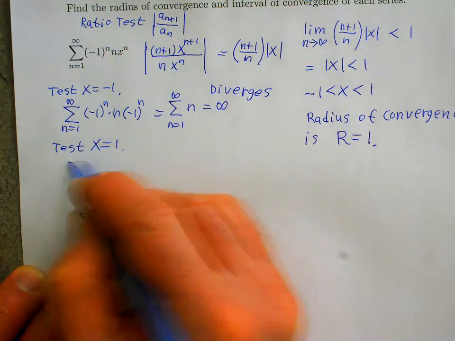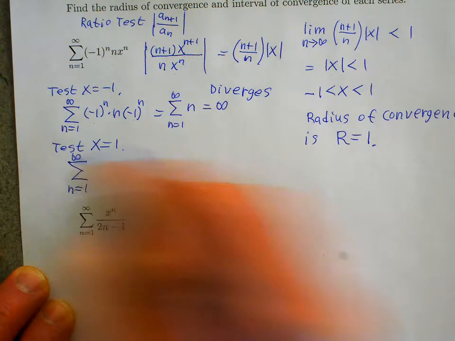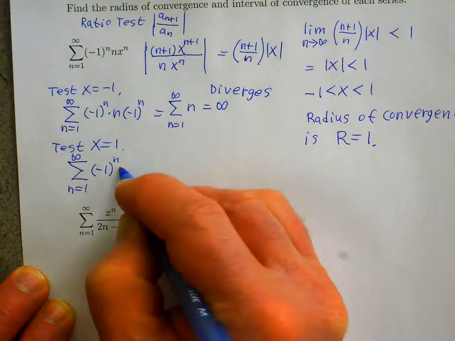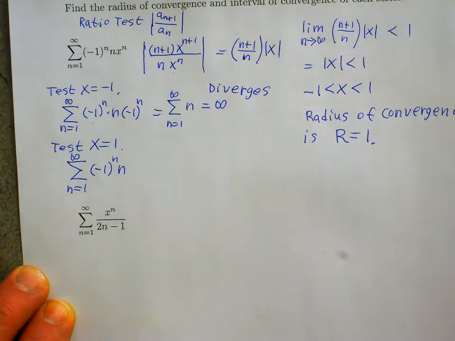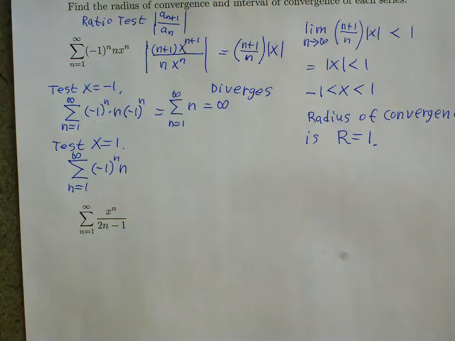Now let's test +1 for x. So we get this infinite series, n equals 1 to infinity. We still have -1 to the n times n times 1 to the n, which is just 1. Hey, what about this infinite series?